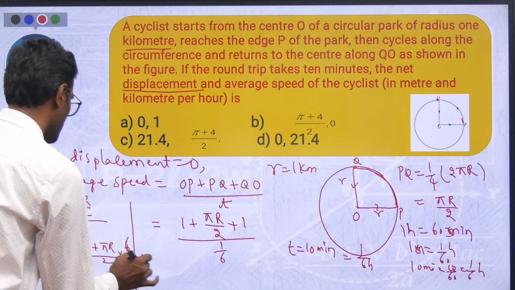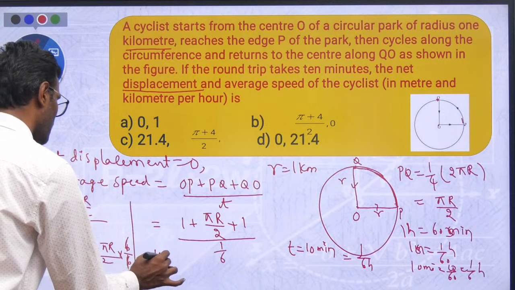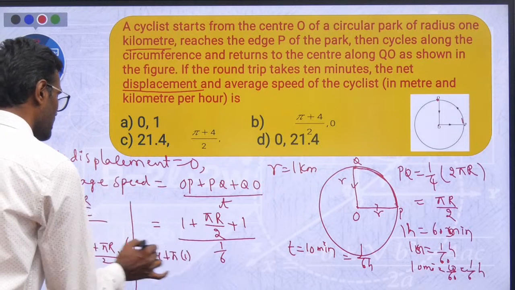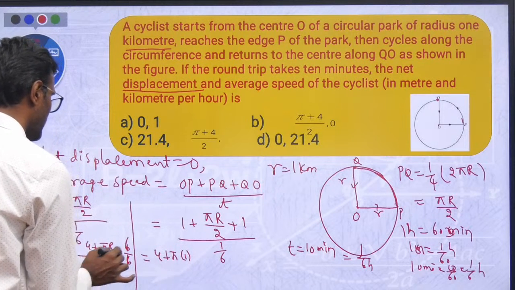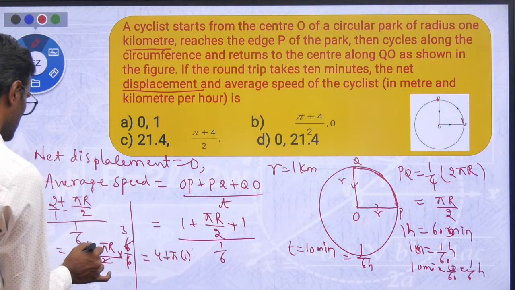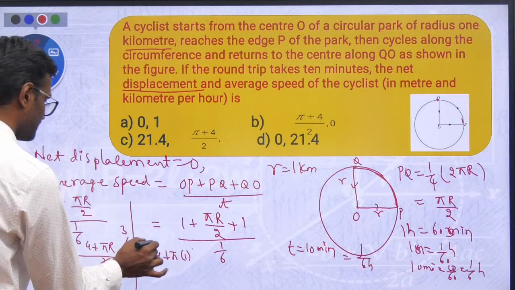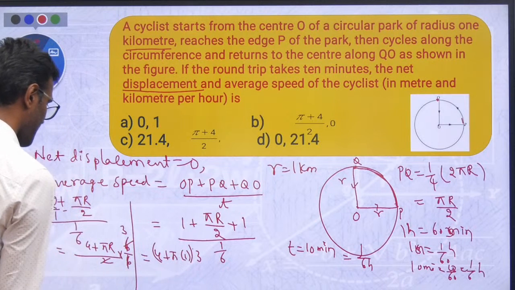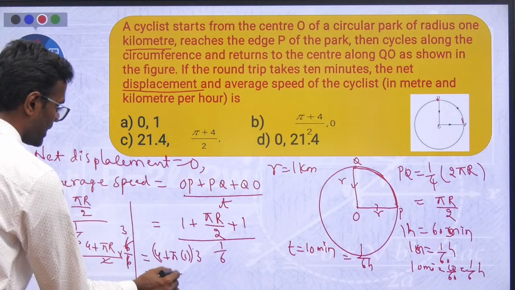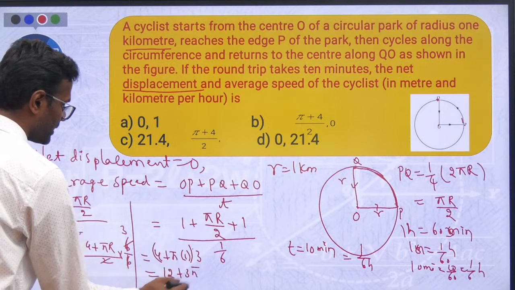So what is your answer? 4 plus pi into r value, substituted as 1. So 6 by 1, 2 times 3, that will be 12 plus 3 pi.